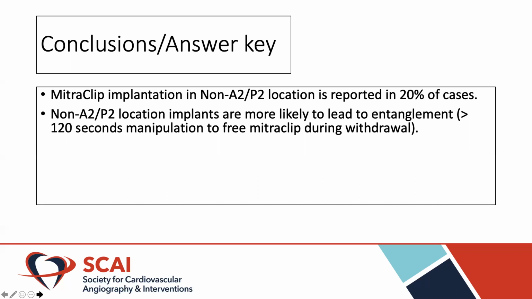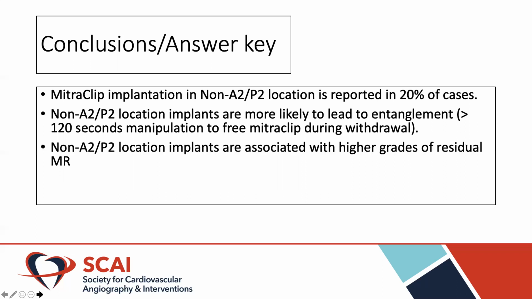The likelihood of entanglement is higher in non-A2P2 locations, primarily because of the presence of a lot of chordae in that location. Once we go below the mitral valve leaflet plane, the chances of getting entangled in chordae tendineae are higher just because of the concentration of chordae closer to the commissures.